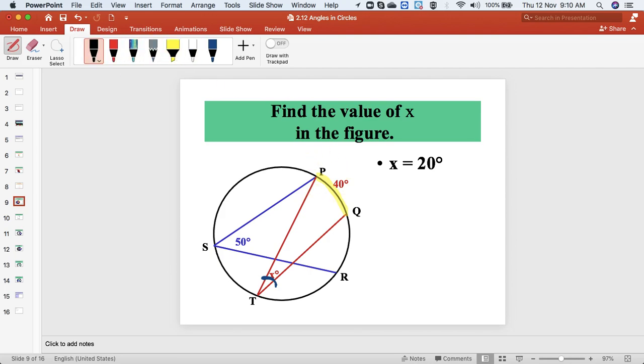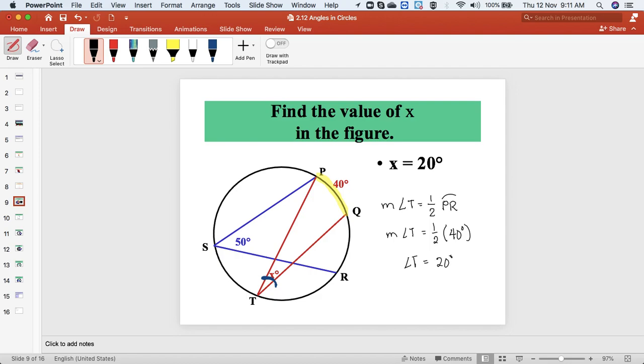Again, the measure of our inscribed angle is equal to half the measure of our intercepted arc. So therefore, the measure of angle T is half of 40 degrees, and half of 40 degrees is 20 degrees.